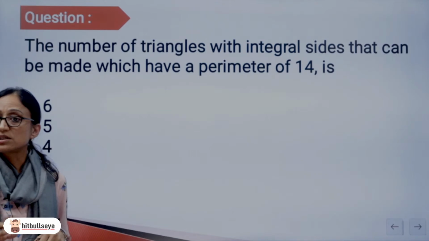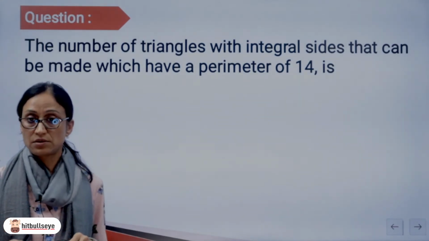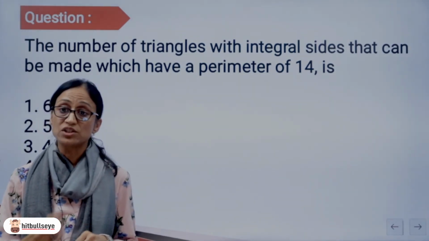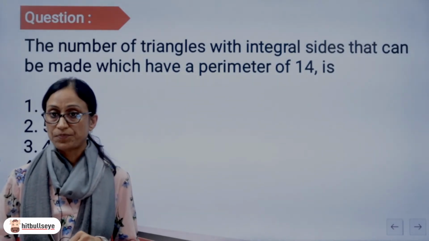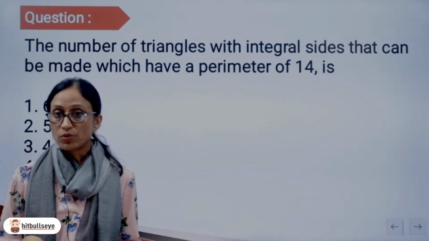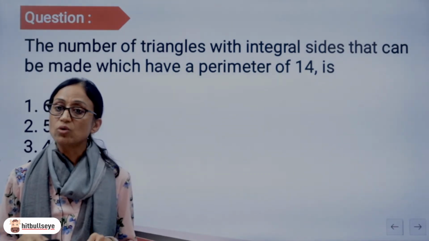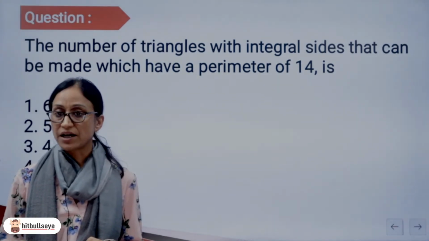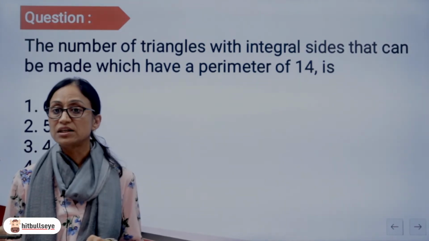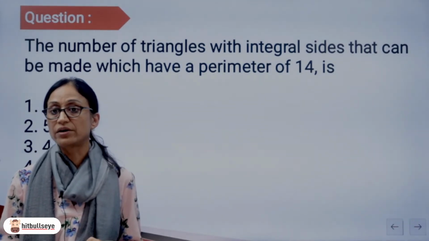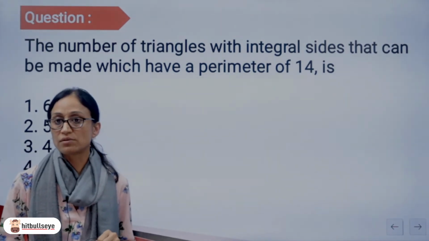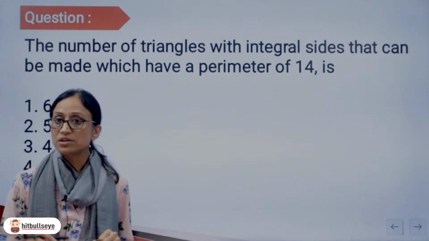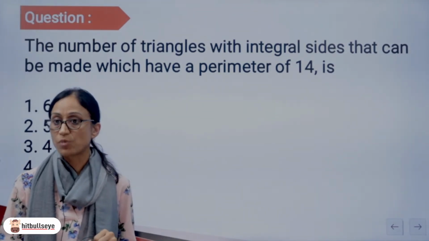It's not going to be possible to solve this question unless a very important piece of information, which is there in the question, is given to you. That is integral sides. The sides are not known to us, but we are at least told that all the sides are going to have integers as their dimensions, which means now it is going to be possible for us to solve the question because there will be a limited number of combinations possible.